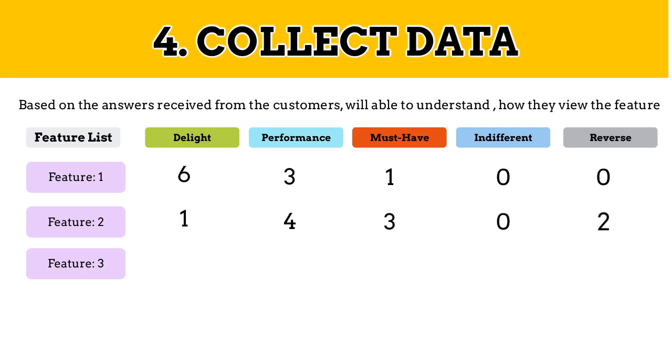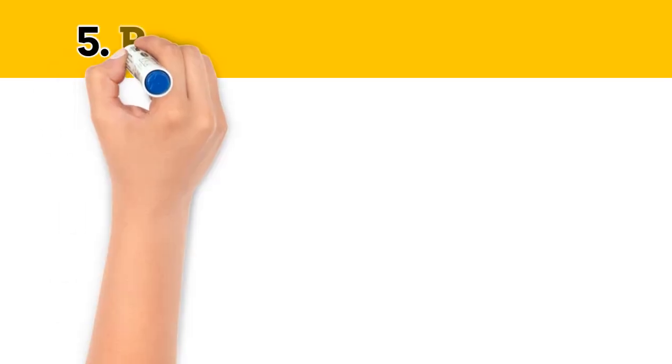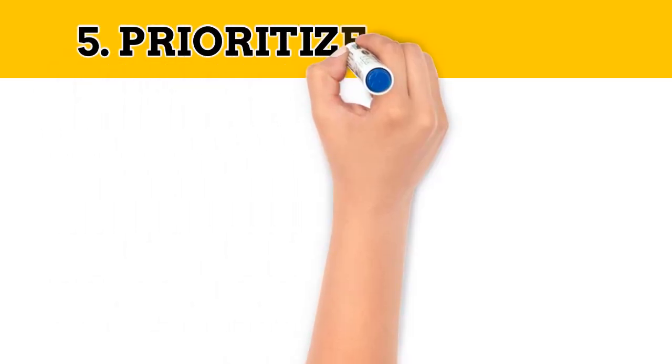Similarly, for feature 3, one customer is saying it is a delight feature, 7 customers are saying it is a must-have feature, and 2 customers are saying it is an indifferent feature. So, are you getting an idea that this table will help you get a clear idea about your customers' view?